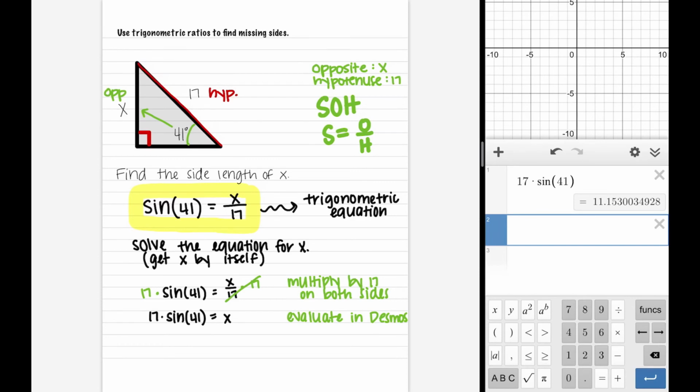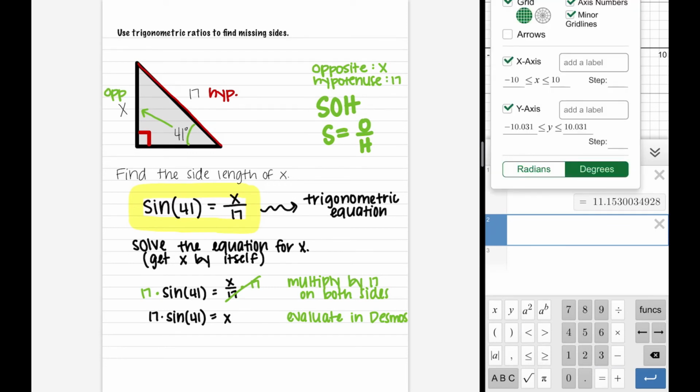Now I want to point out that in Desmos you have two different modes, same with your graphing calculator. If you click the settings button up at the top, you'll see where I can toggle between radians, which gives me a negative number, and degrees, which gave me a positive number.